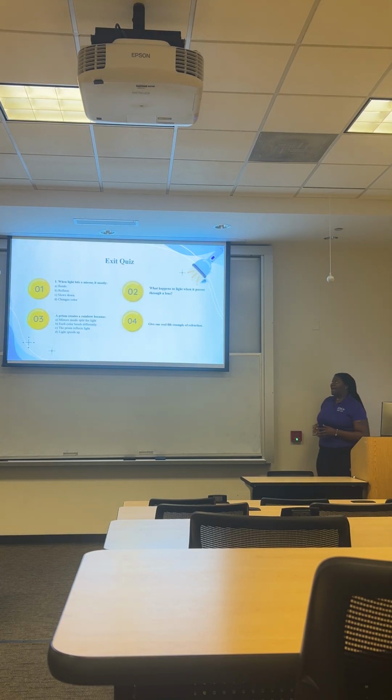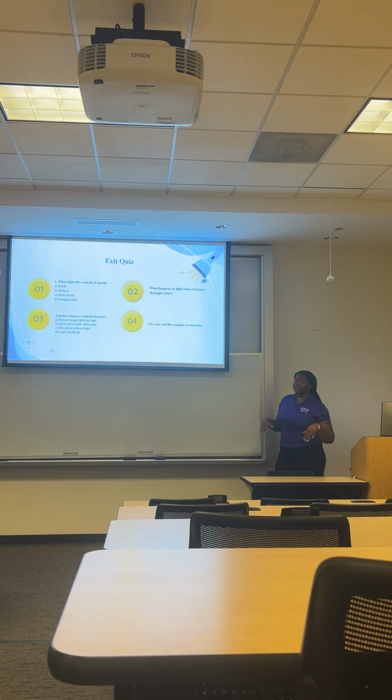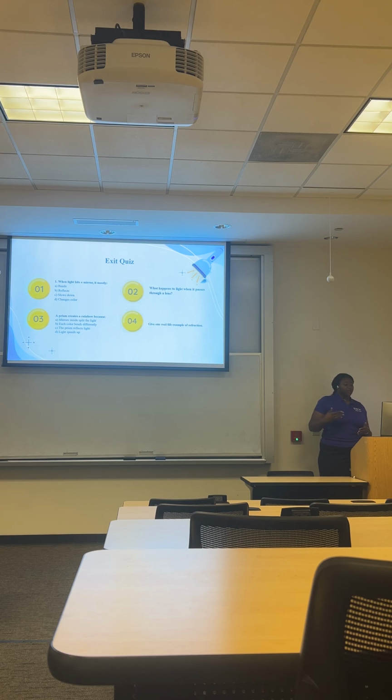And now we have our exit quiz from this presentation alone. Number 1, when light hits a mirror, it's mostly A, bends, B, reflects, C, slows down, or D, changes colors. Question number 2, what happens to light when it passes through a lens? You need to answer that in a short answer.